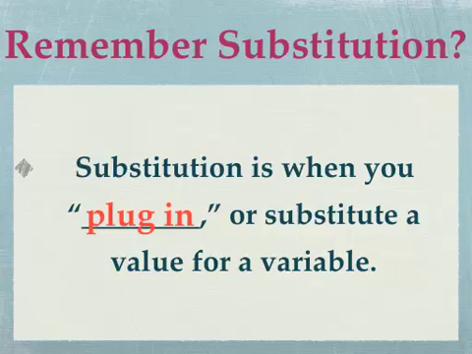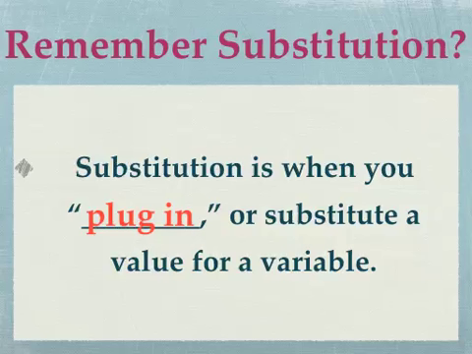Now, when we're substituting, it doesn't have to be only entering 5 for x. If you had something that said x equals 3y plus 4, you could plug in the whole thing, 3y plus 4, in for x into another equation. So plugging in or substituting doesn't just have to be a number.